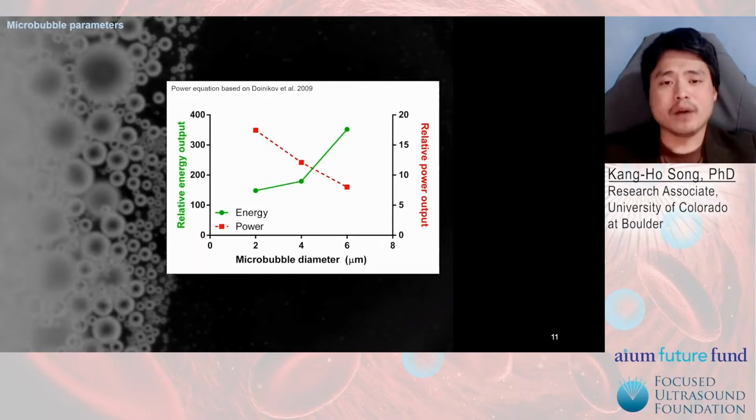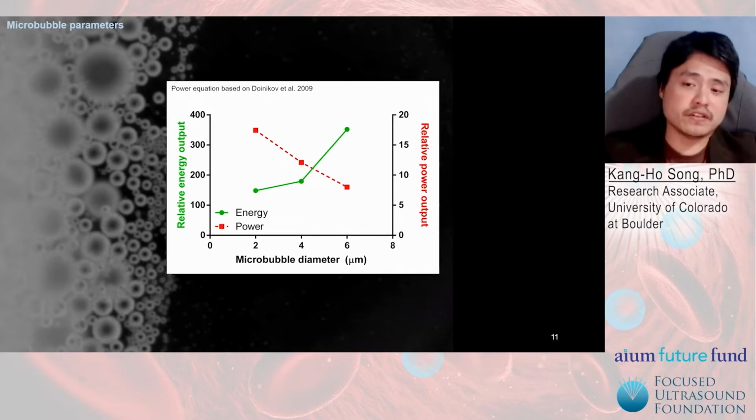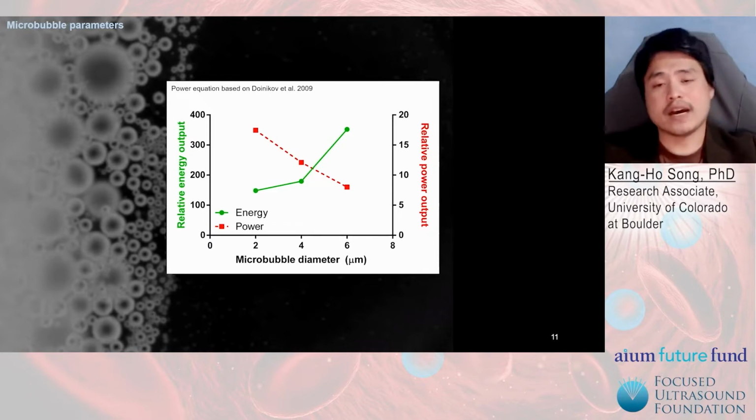When we look at mechanical output of microbubbles, or more specifically in this case, predicted mechanical output, size also matters. So as size increases, the relative power output or the relative radial expansion of microbubbles at that size may decrease, while because of their persistence, power times time, the energy output of those microbubbles can increase.